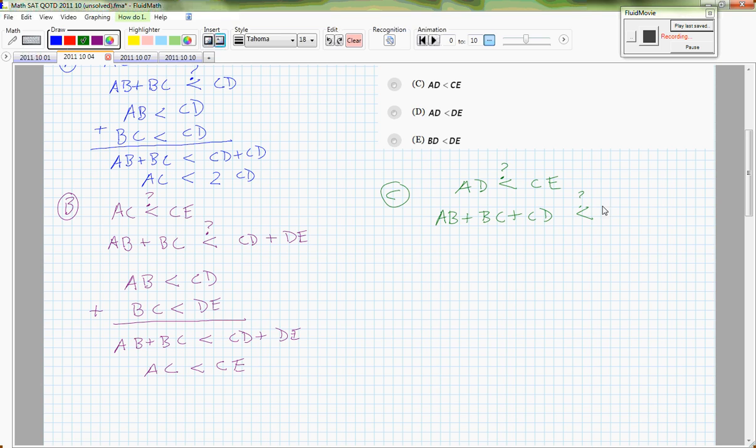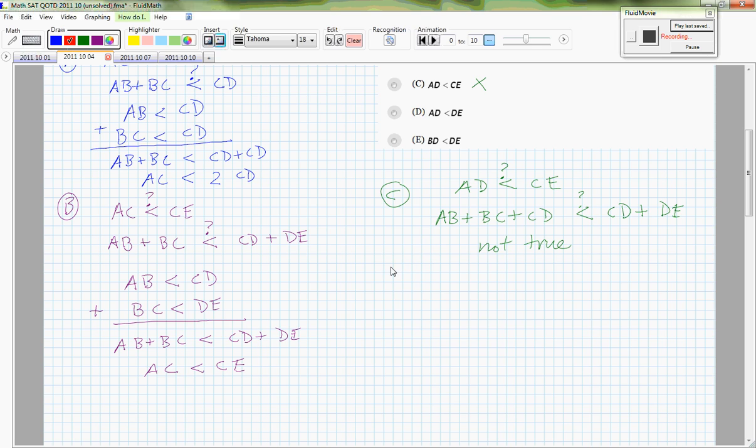Is that less than CD plus DE? Well, this is not true, because if we argue that we can add inequalities, you're going to have to add 3 inequalities to build this segment up here, and once you add those 3 inequalities, you're going to have something extra over here. We don't have enough information to say that this one is true, so it can't be C.